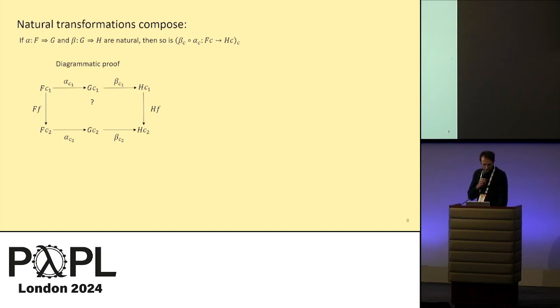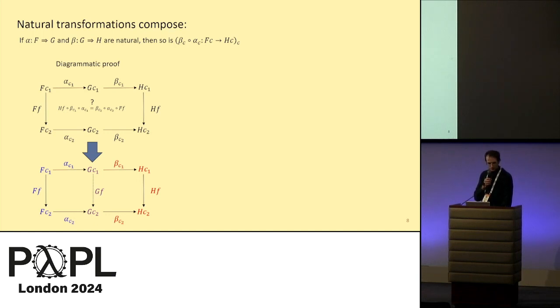It means that this diagram commutes for all morphisms f. Saying that it commutes means that both branches are equal. If I compose H of f with beta C1 and alpha C1, which is the left-hand side, then I should get the same thing as beta C2 composed with alpha C2 composed with F of f, which is the right-hand side.